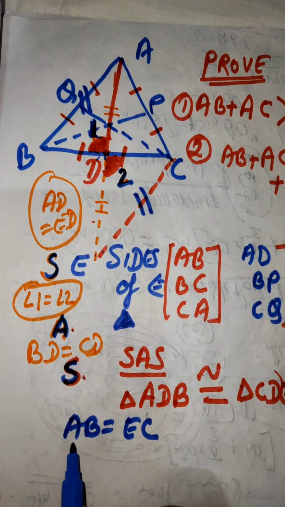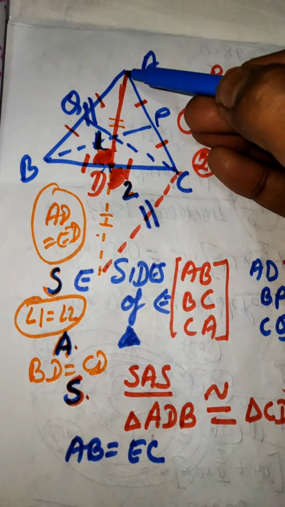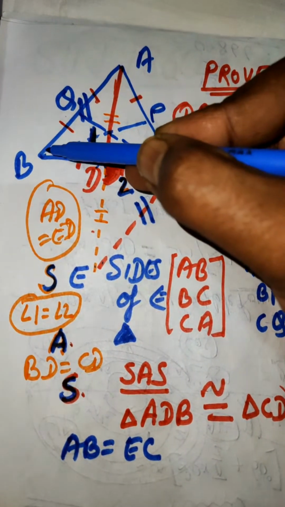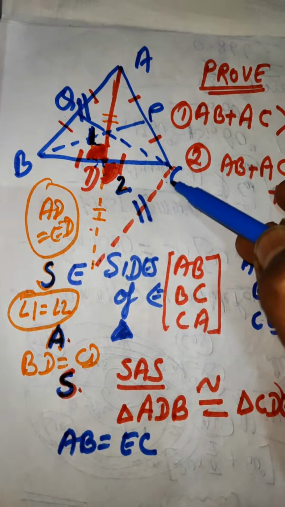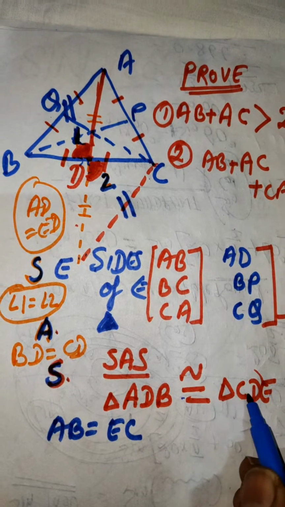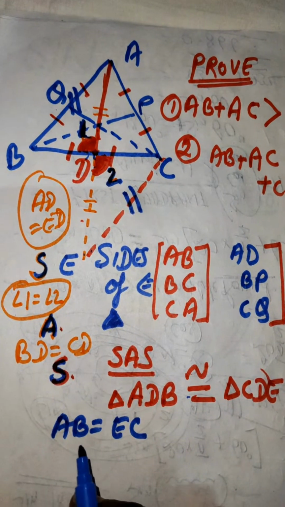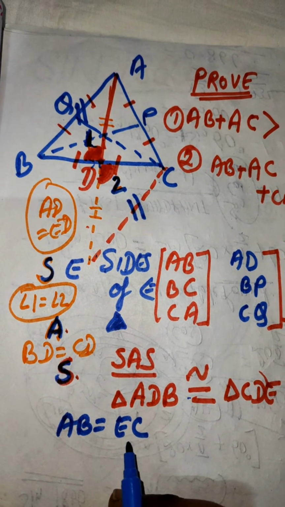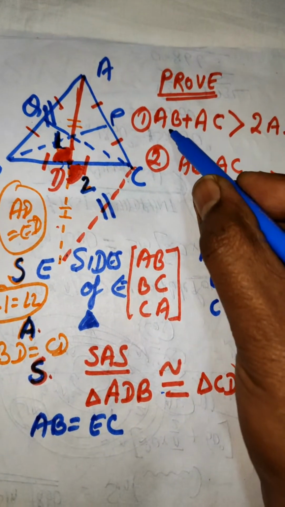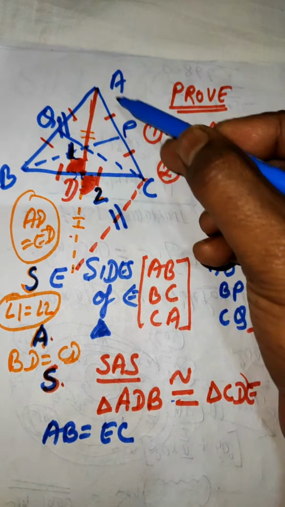Just mark it, writing the nomenclature. AB is equal to EC, because A is here and B is here. This is the third side of this triangle, and EC will be equal. Why equal? Because we have proved triangle ADB is congruent to triangle CDE by side angle side, right? So if AB is equal to EC, just add these two sides, AB plus AC.